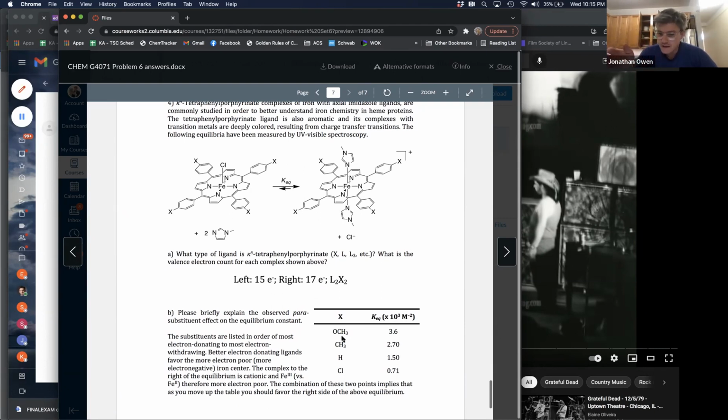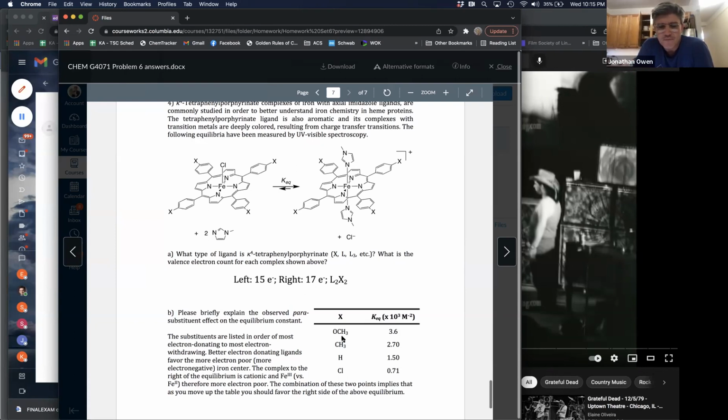And when you put a chlorine out there, the pi donor thing doesn't really matter as much anymore. Now it's really governed by electron withdrawing effects. And so the equilibrium constant, you can see that it parallels that. The equilibrium constant is largest when you have a methoxy substituent and smallest when you have a chlorine.